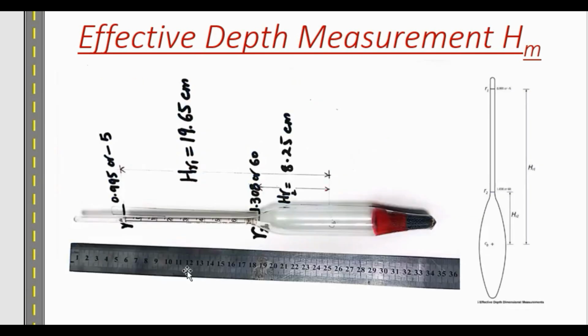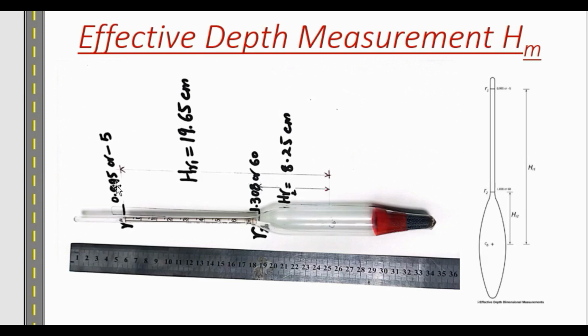Here we will discuss HR1 and HR2. HR1 is normally the distance between the center of the bulb to the maximum level of the hydrometer, that is R1. You can see here, that is R1 and that is R2. In this picture you can also check R2 and R1.